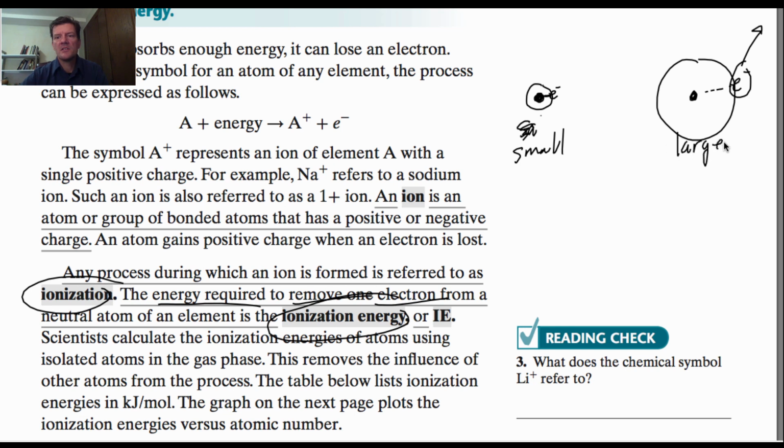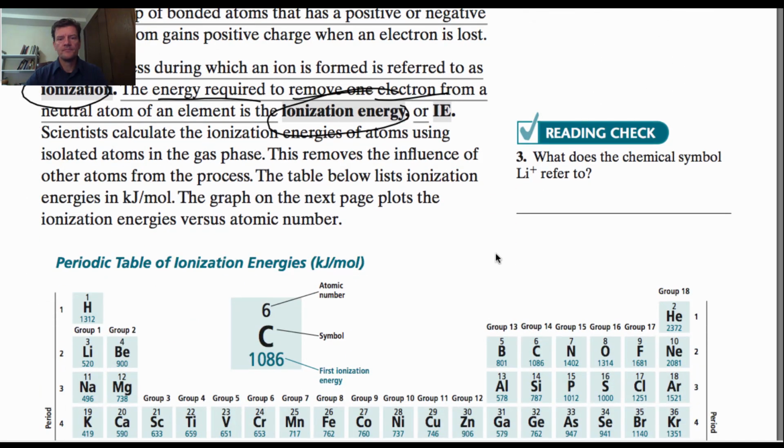So small, large. The ionization energy here, I'm just going to put IE for ionization energy, is going to be greater. Over here, the ionization energy is going to be smaller. It's harder to take this electron away from the atom compared to this one here, where the electron is further away. Okay?